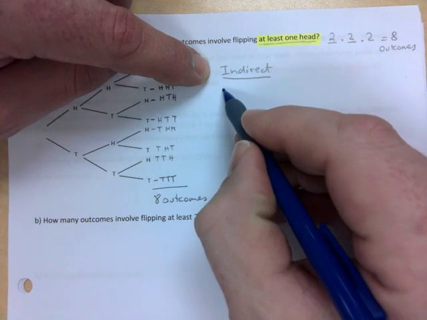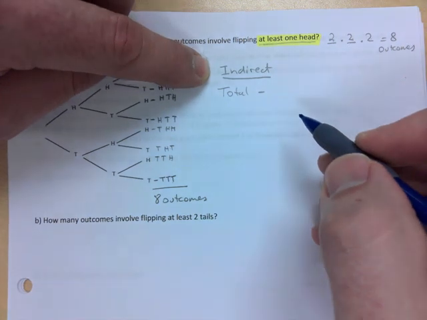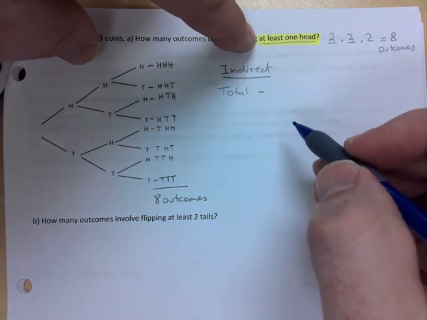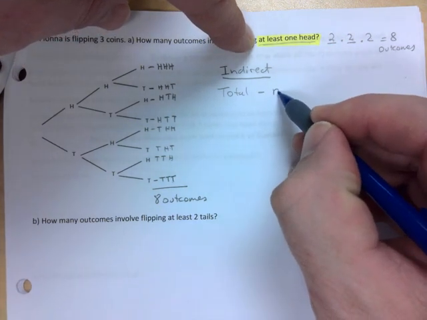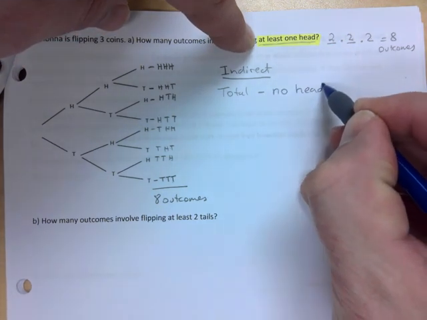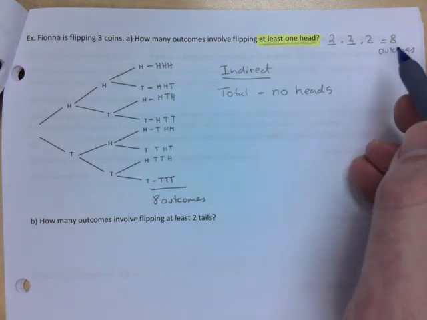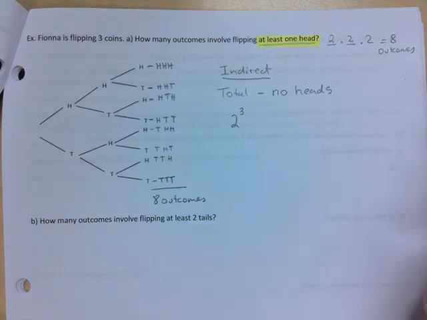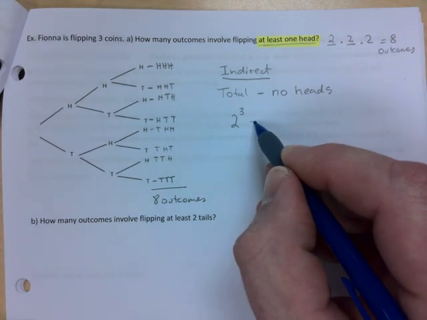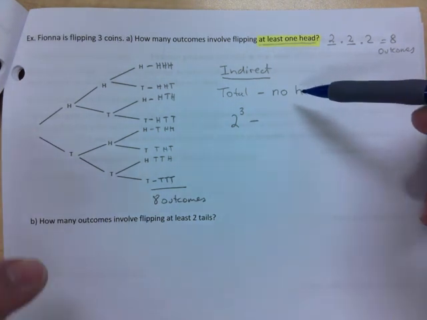Indirect reasoning, again, I'm going to go total, all possible outcomes, minus, in this particular case, we can go more specific, at least one head. You want at least one head, so we're going to subtract no heads from the total. That's what I want you to focus on. This is indirect reasoning. The total we've already determined, I'm going to go 2 cubed here, minus, I want you to stay with me here, for no heads.